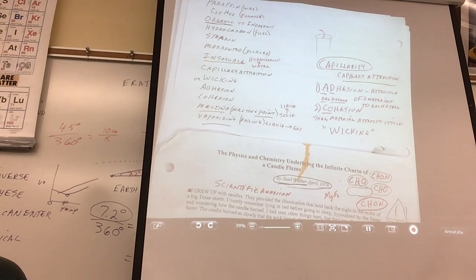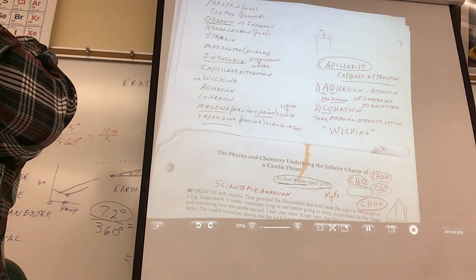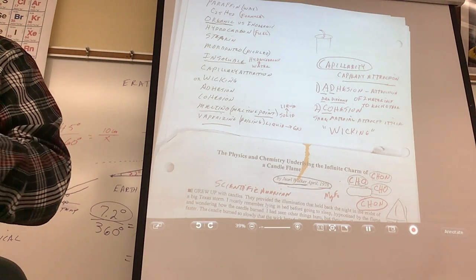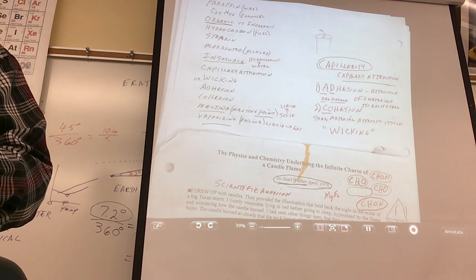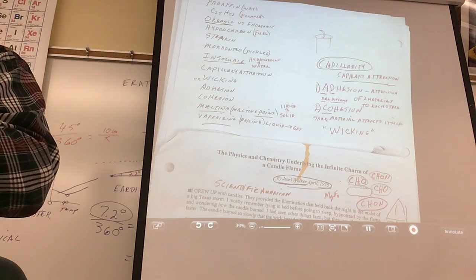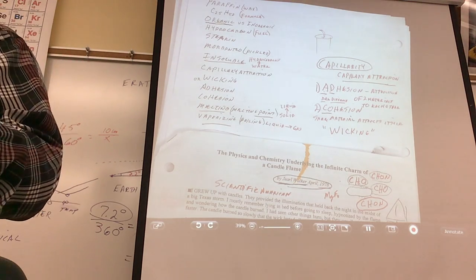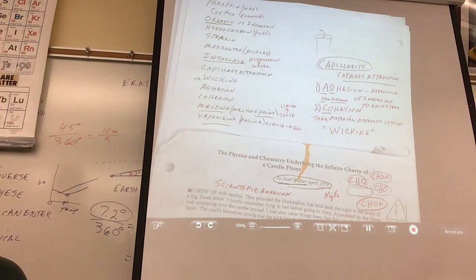Paraffin is an organic compound, a carbon compound, but notice that it only contains carbon and hydrogen. What's another word for an organic compound that only contains carbon and hydrogen? Hydrocarbon. Do you understand how I'm putting these words together? Paraffin is a wax.